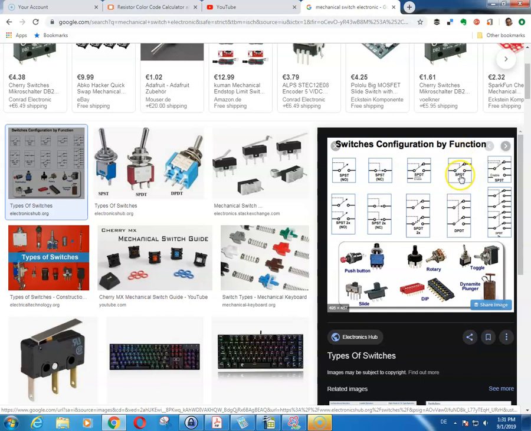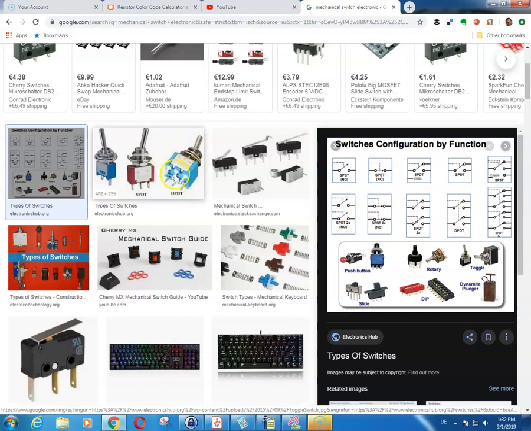And as opposed to the single pole, there is also a double pole double throw switch. So double pole means that you have two of these switches in one package, and schematically it looks something like this, and as a switch, it would look like this.